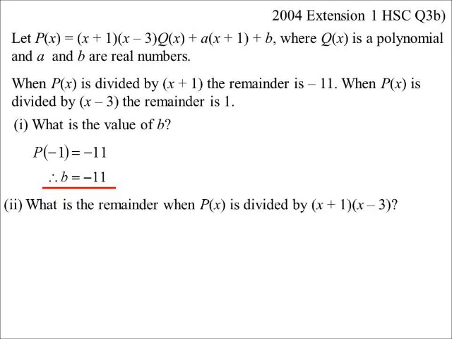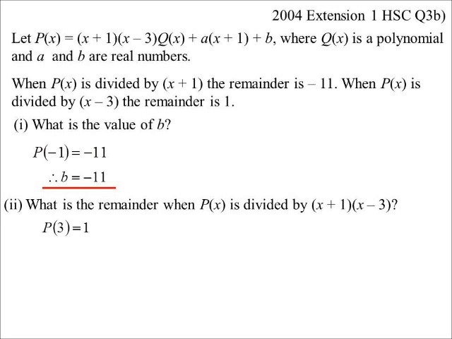So what is the remainder when we're divided by x plus 1, x minus 3? Well, that's a quadratic. So the remainder could be linear. Might be a constant, could be linear. So this ax plus b is the remainder, if you like. Okay. Polynomial 3 is equal to 1.